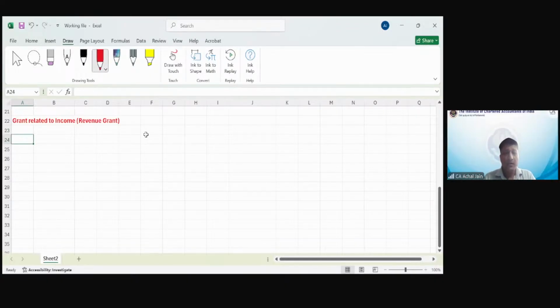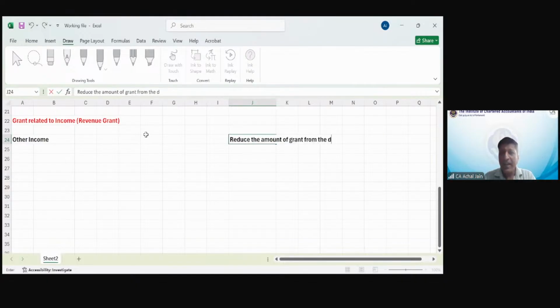One, it can be taken to other income. So when you record it, you can take it to other income, or you can reduce the amount of grant from the expenditure.